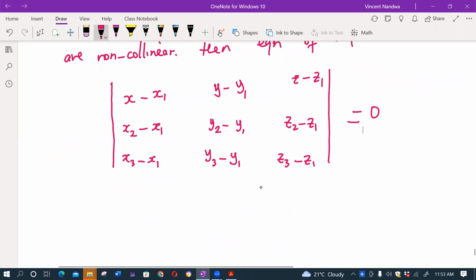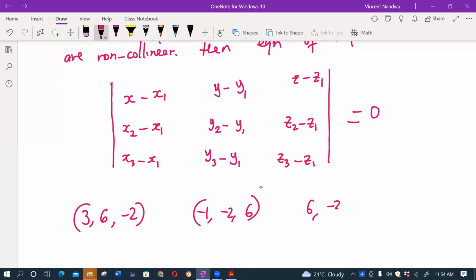So in our case, we have the points (3, 6, -2), (-1, -2, 6), and then (6, -4, 2).